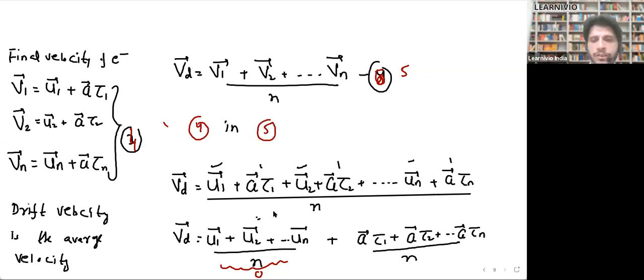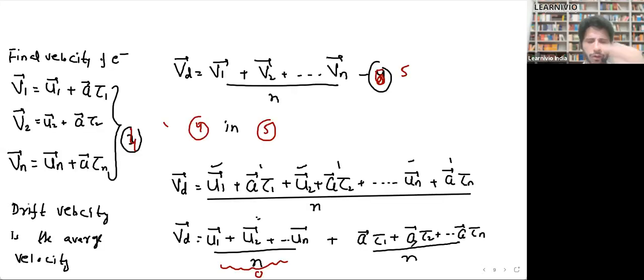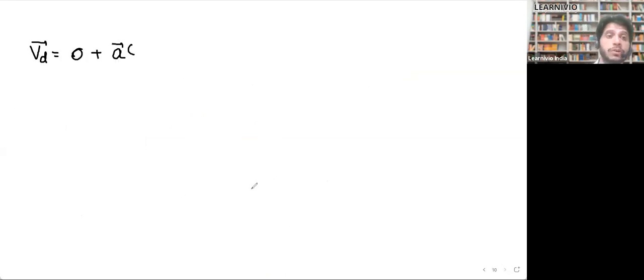So we know that average thermal velocity is 0. When I substitute these values, I can write that drift velocity Vd is 0 plus a. I'm taking a as common from all these terms, and I'll be left with a into tau1 plus tau2 up to tau n divided by n.